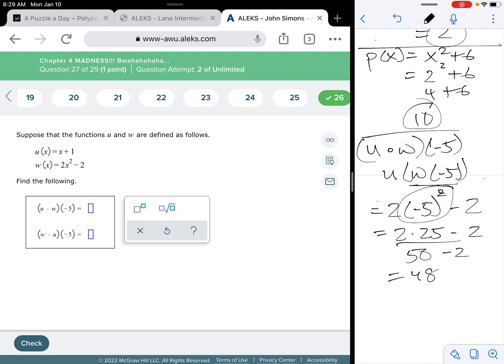So now I've found the first part, and now I want to figure out what u of 48 is. To do that, I just take 48 and put it into my u function. So u of 48 is going to be equal to 48 plus 1, which is 49.